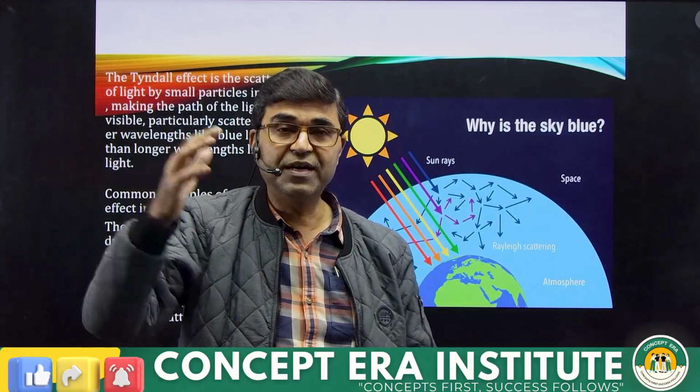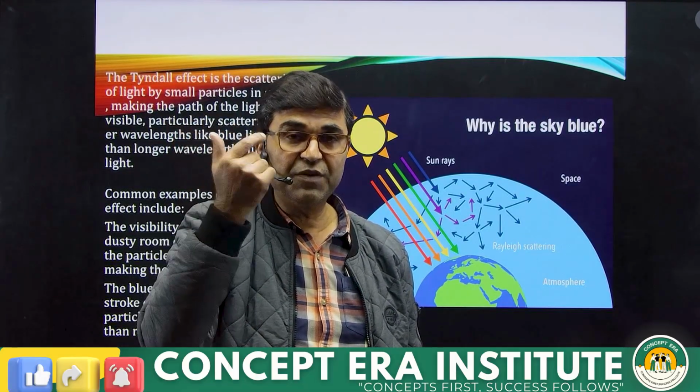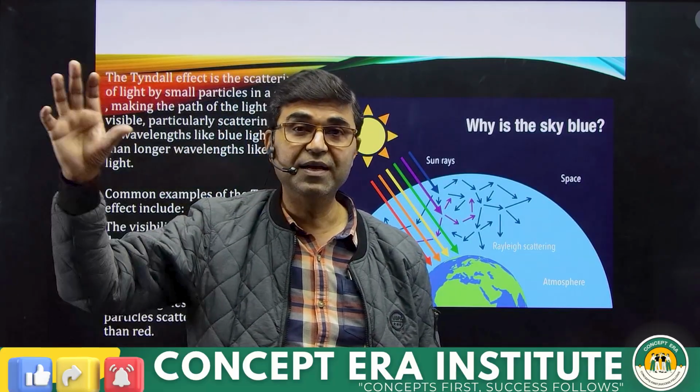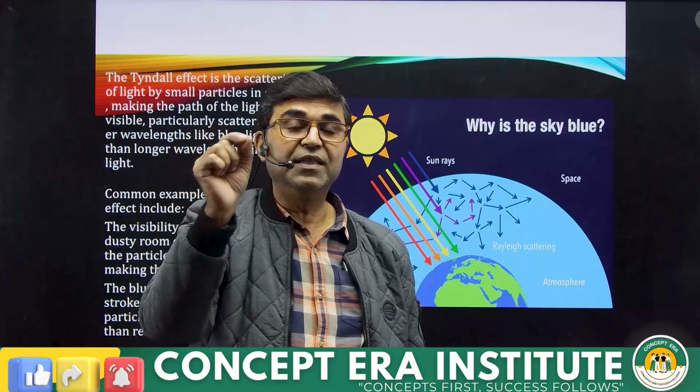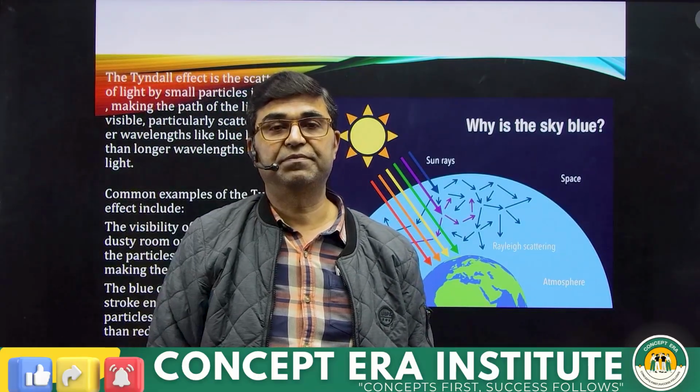And when the light reflected by those tiny particles reaches our eyes, we are able to see from where the light is coming, and we see that the path of the light is visible through the medium.